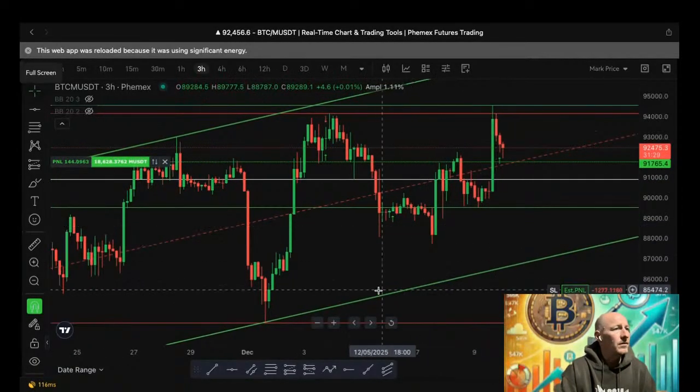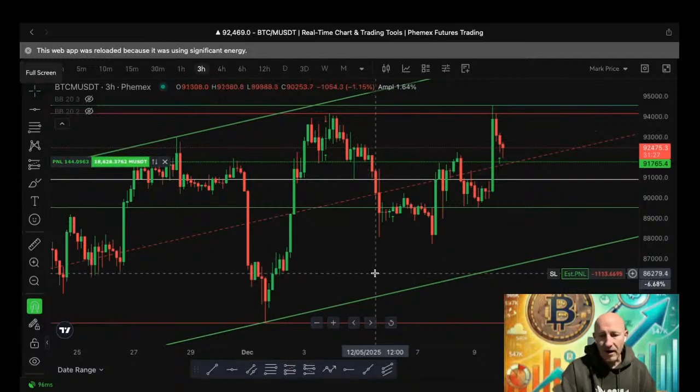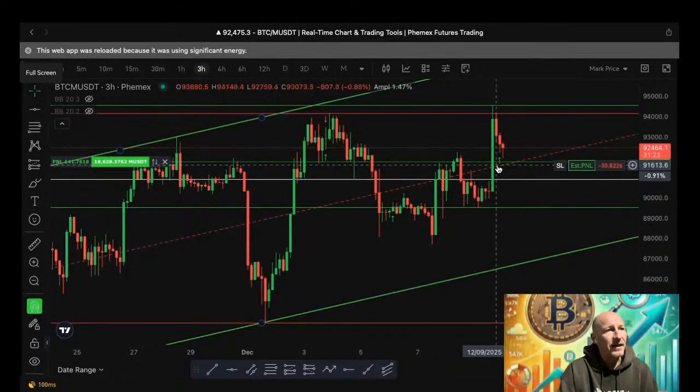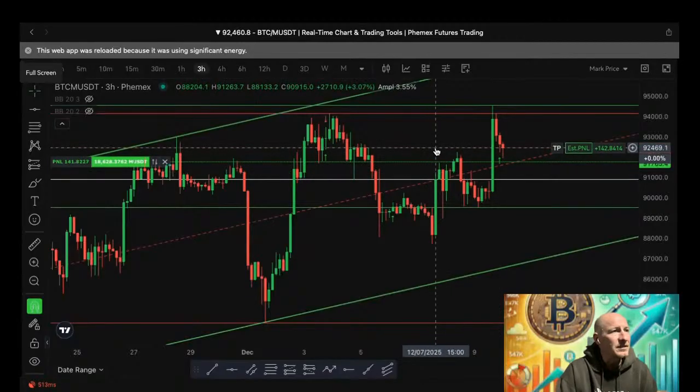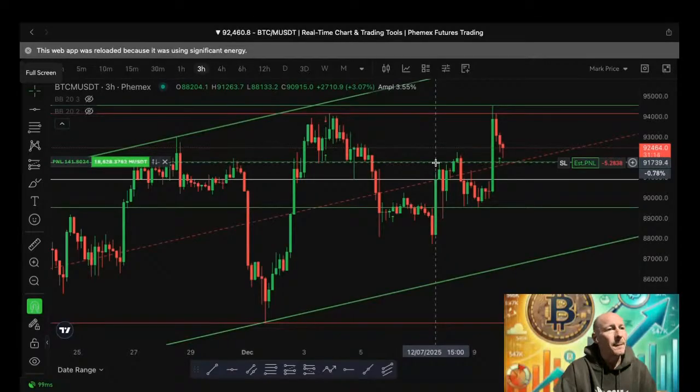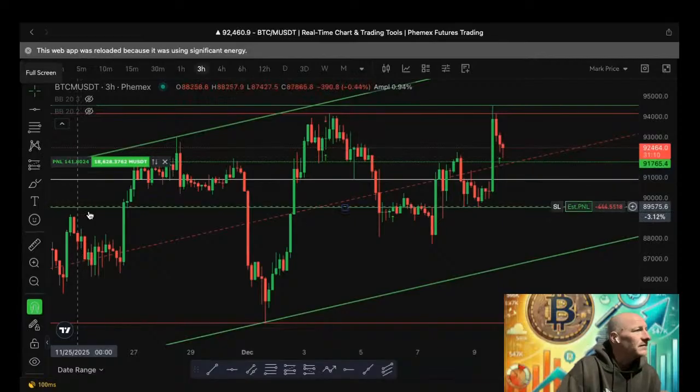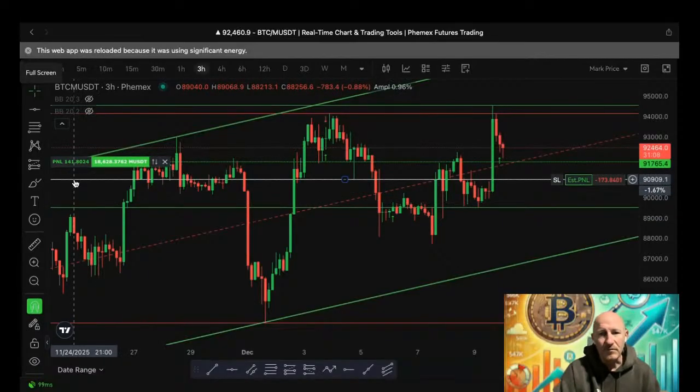Like I said, I already added contracts back. You can see my entry was this green line here, and I'm in profit a little bit, right?